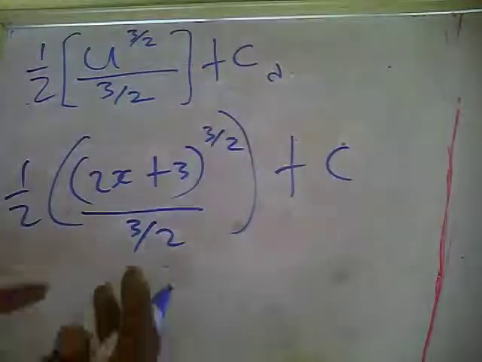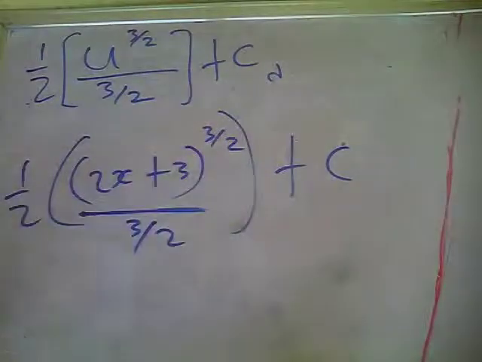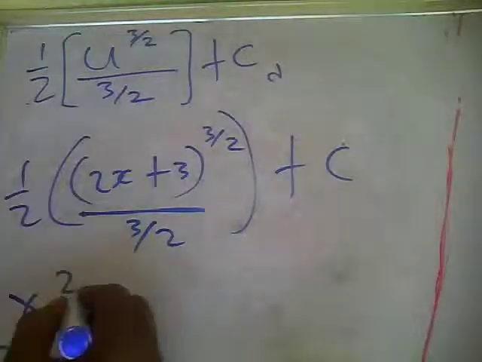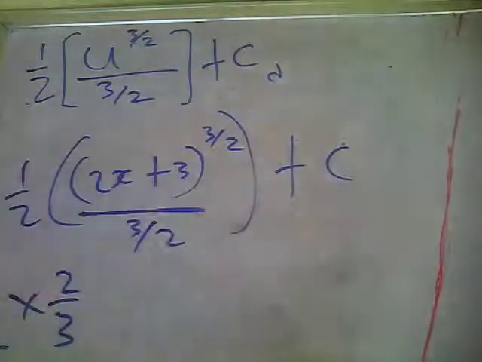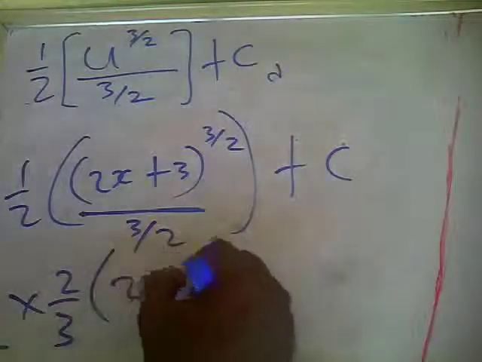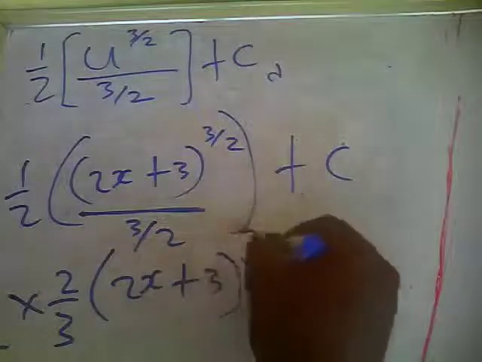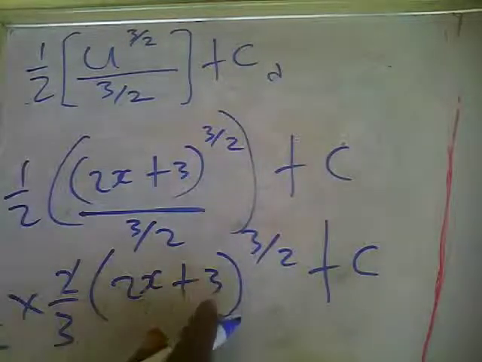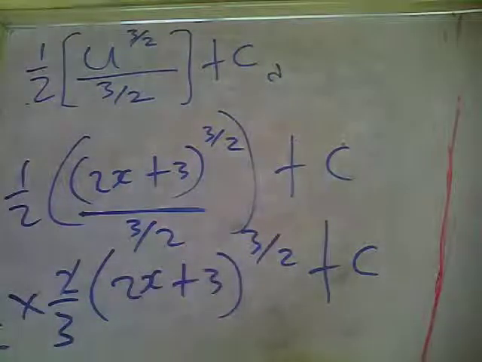I hope you know that we can turn this division to multiplication, and that becomes 1 over 2 times 2 over 3, then this is 2x plus 3 to the power 3 over 2 plus c. So what do we have? 2 cancels 2, right? So our final answer is what? 1 over 3 into 2x plus 3 raised to the power 3 over 2.